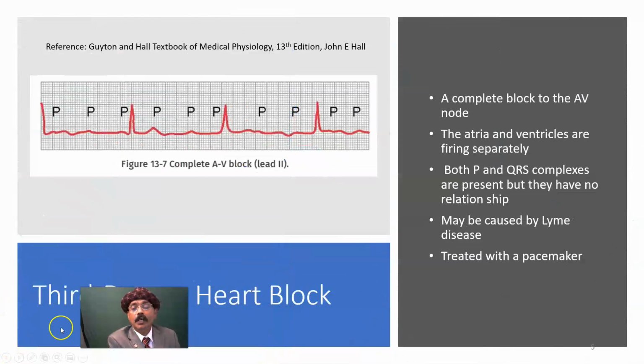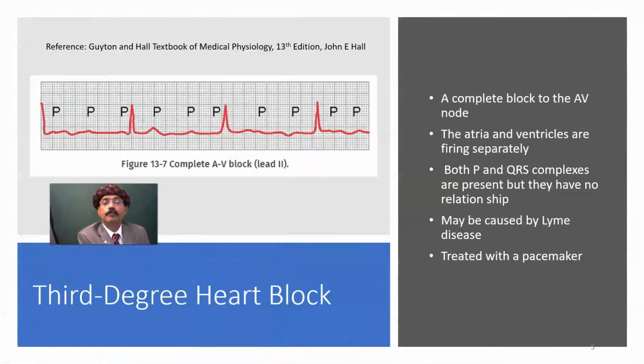Now we'll go to the third degree heart block. Here there is no correlation between atria and ventricle. Atria and ventricle contract independently. A complete block to the AV node. The atria and ventricles are firing separately. Both P and QRS complexes are present, but they have no relationship.